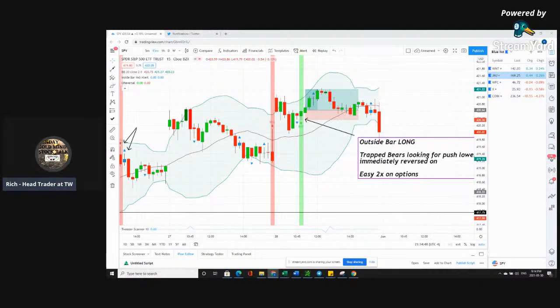Okay? There is a cup and handle on every single time frame. I can draw millions of them. But the outside bar, the inside bar, it is what it is. It either is or it is not. I've been in this game long enough to understand this concept, because I used to be like, oh, I want to trade RSI divergence.